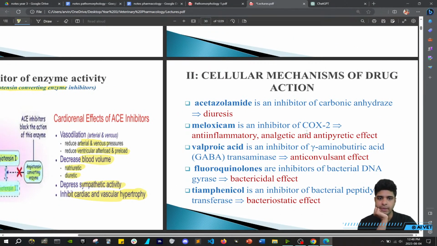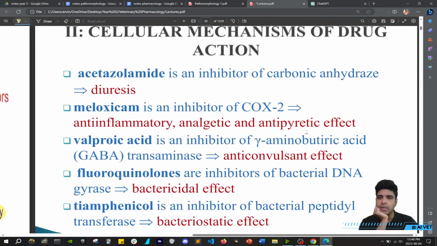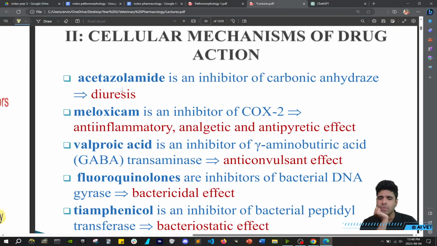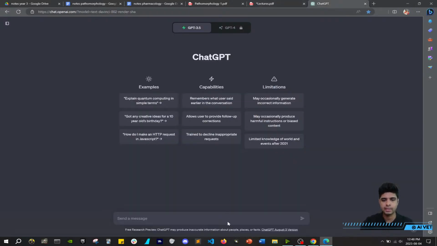Wow, a lot of technical stuff. Acetazolamide is an inhibitor of carbonic anhydrase. Diuresis. What is diuresis? Let's ask ChatGPT.